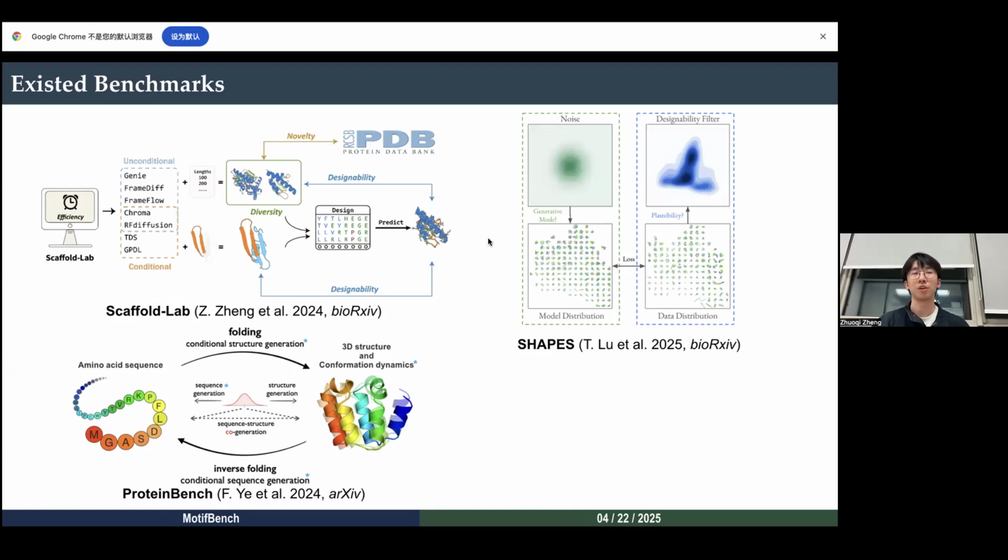Although we have seen so many significant efforts in the unified evaluation of the benchmark, there are still many discrepancies between the real metrics and also between the different metrics and pipelines. And a major limitation is that when it comes to motif scaffolding, most of these methods are measured with a test case set brought by RFdiffusion, containing about 25 cases.